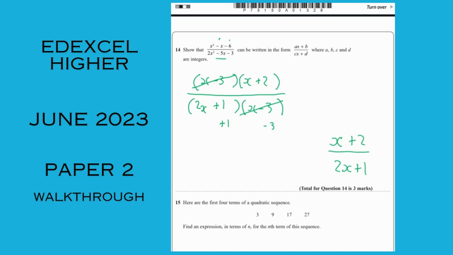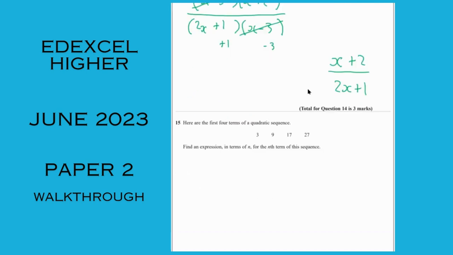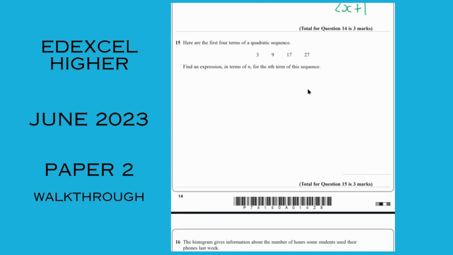Number 15. Quadratic sequences. So differences, 6. And what we got there, 8. And we've got 10. So our second differences, which confirms it's an n squared sequence. Second differences are 2. We halve that, so it's a 1.